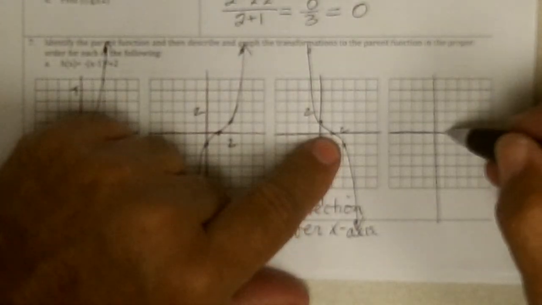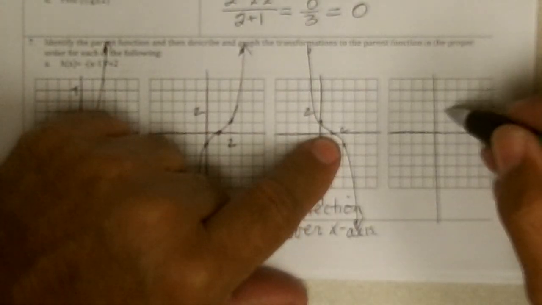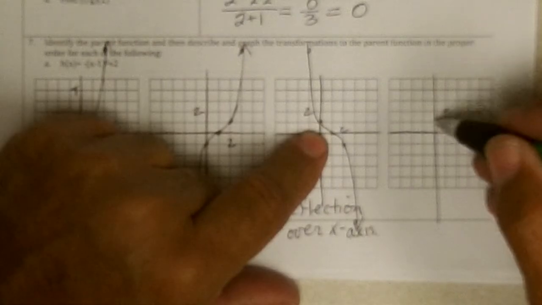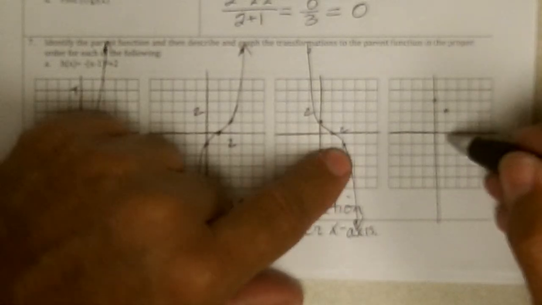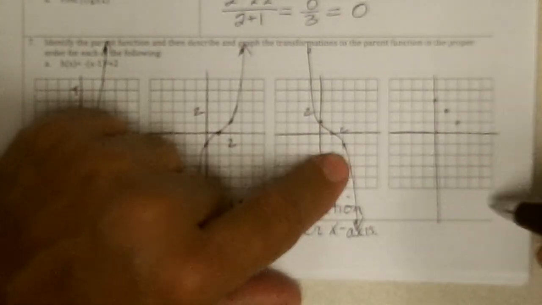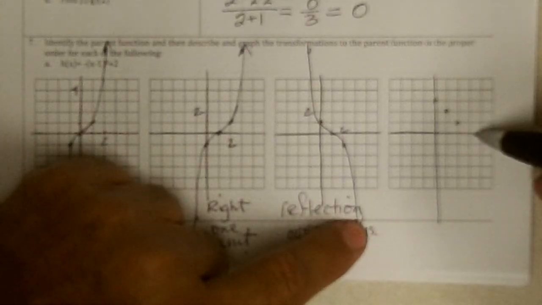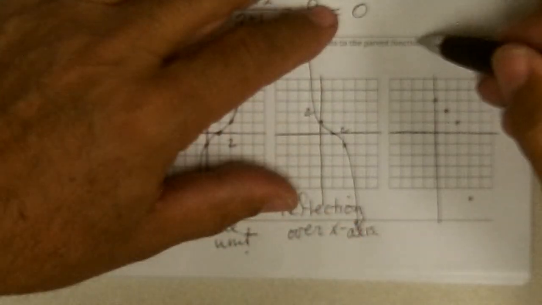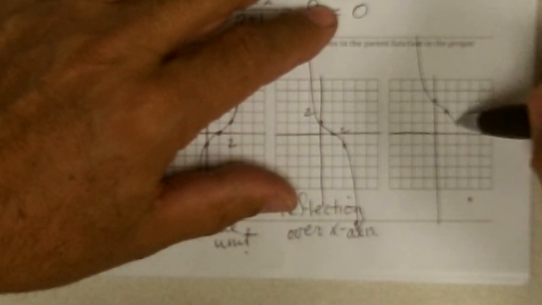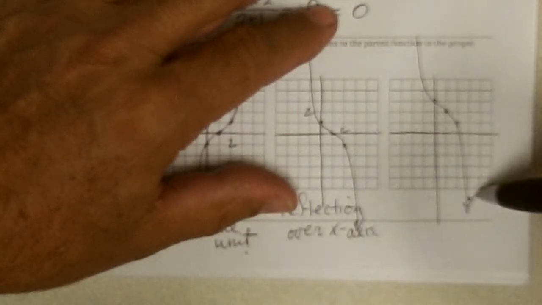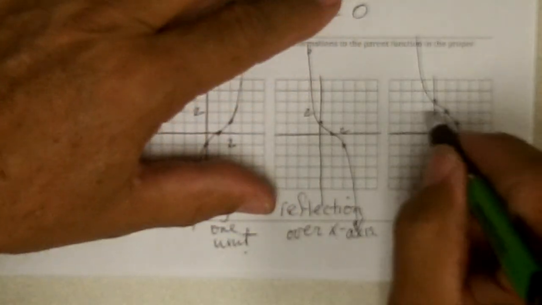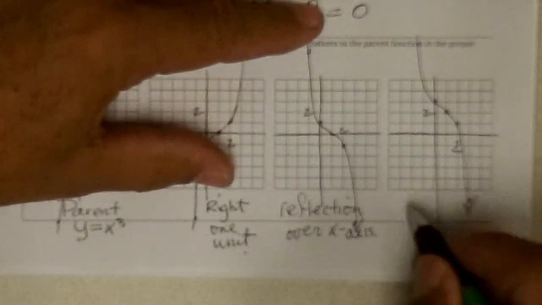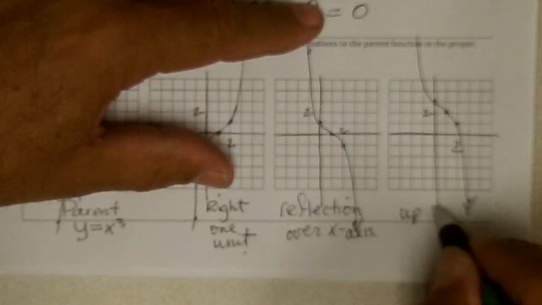So the one that was at 0 will go up 2, the one that was at plus 1 will go to 3, the one that was a minus 1 will go to plus 1, the one that was down here at 8 will go down to 6, which is right there, and the other one will be way up there, and it'll look like that. And putting units on, and it's up 2.